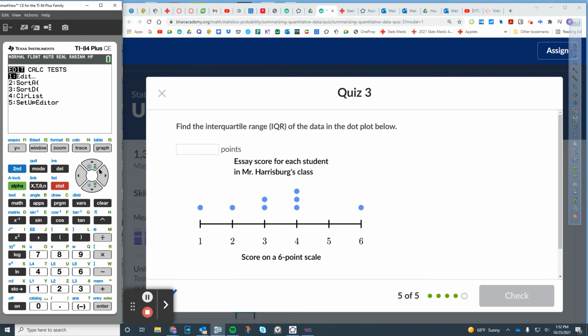Go to stat, calc, 1-Var Stats, list 5, boom, boom, boom. And we want to calculate Q1 and Q3. So if you scroll down, Q1 is 2.5, Q3 is 4. So to find the interquartile range, we take Q3 minus Q1. So 4 minus 2.5 is 1.5.